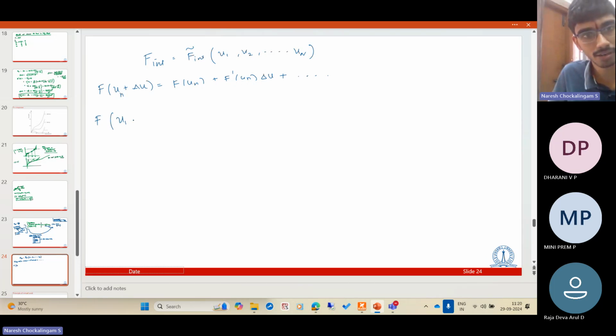F of u1, just take 2, maybe 3, and put an n denoting the iteration number. Say u1, u2, u3 are the solutions and the current iteration is slightly away from the solution. So you say plus delta u1, plus delta u2, plus delta u3.